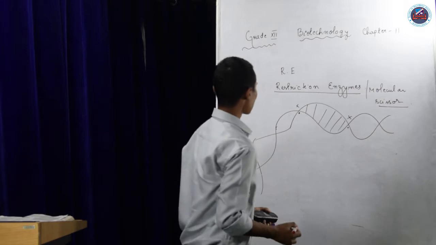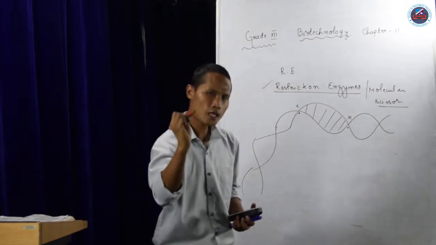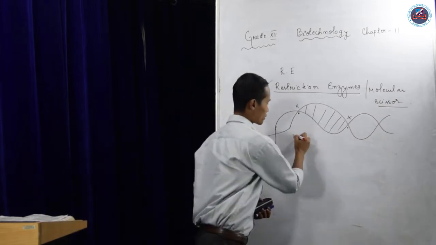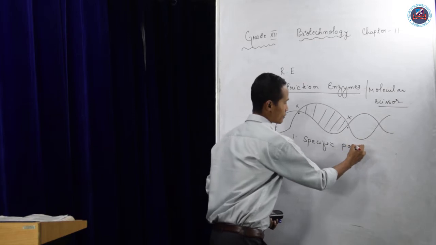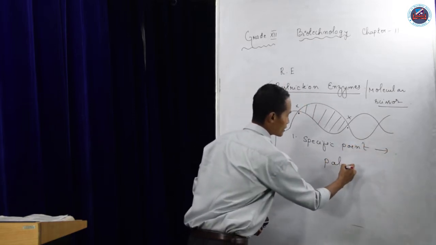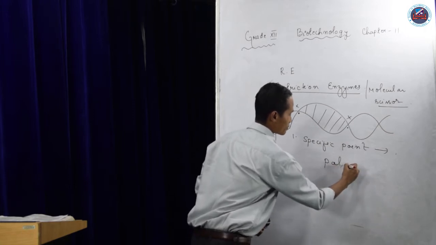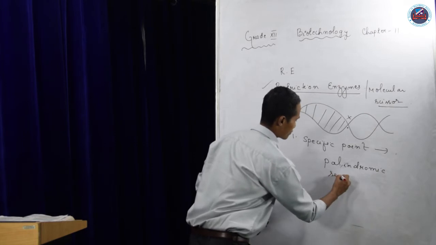So this restriction enzyme is going to cleave, cut at a specific point, and we call those palindromic sequences.